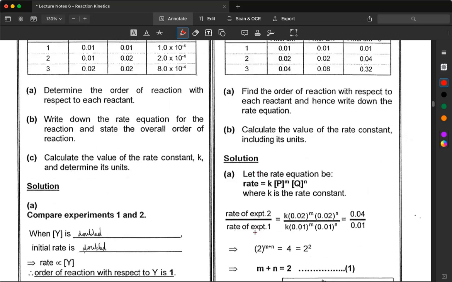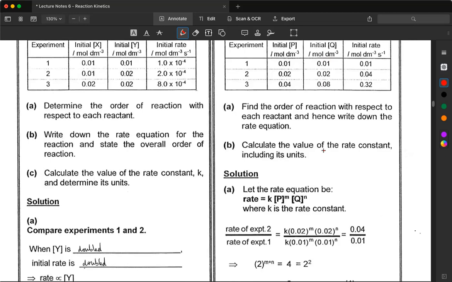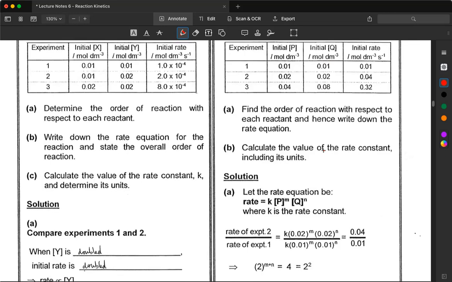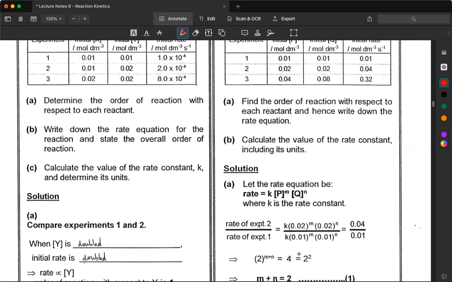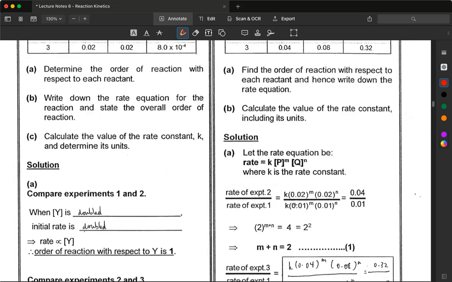You take the rate of experiment 2 over rate of experiment 1, so you take K, using this general equation, 0.02 to the power of m, then 0.02 to the power n, over 0.01 to the power m, 0.01 to the power n. The order of reaction should not change, it should be constant, equals 0.04 over 0.01. Then you just use math, cancel the K.